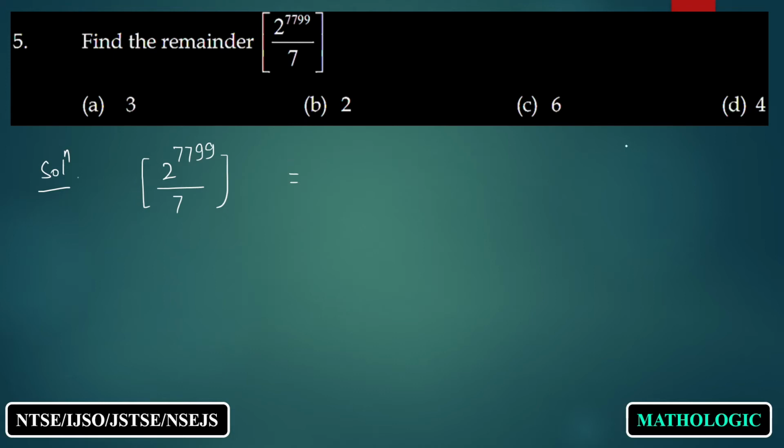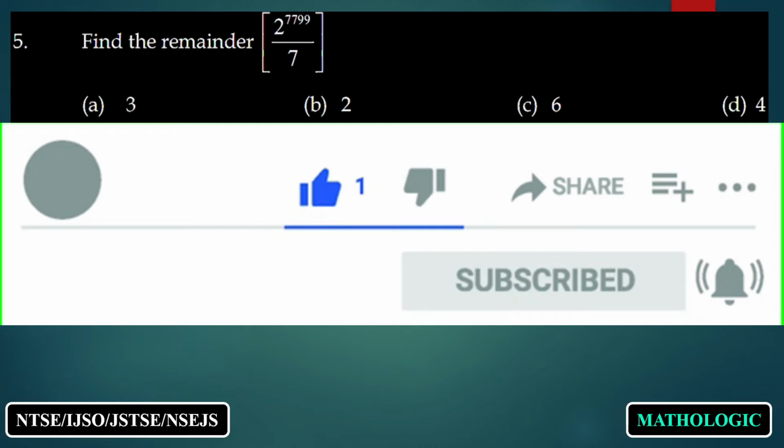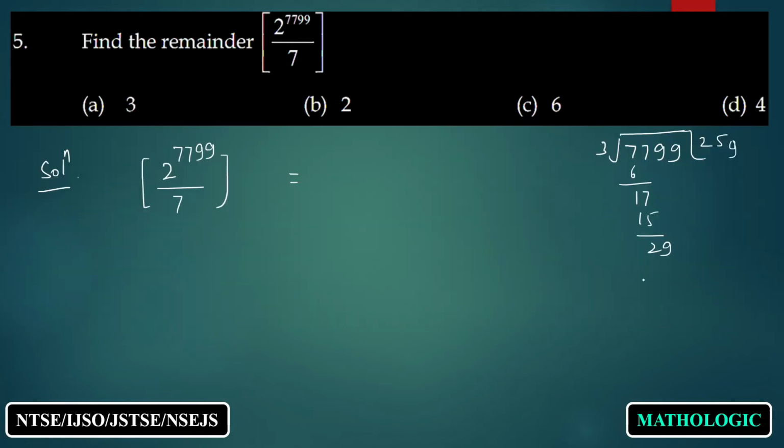So on breaking this 7799 in terms of 3, I need to divide it by 3. So 3 times 2 is 6, remainder is 1, 3 times 5 is 15, 2 carrying 9 over here, 3 times 9 is 27, 2 over here, 29, and 3 times 9 is 27. So 2 is the remainder.